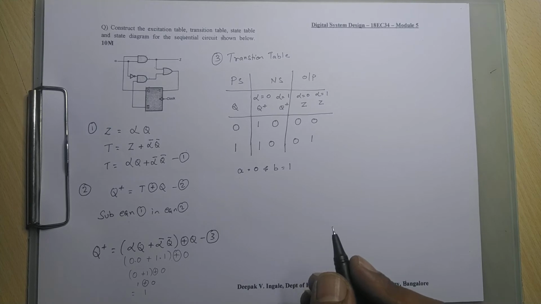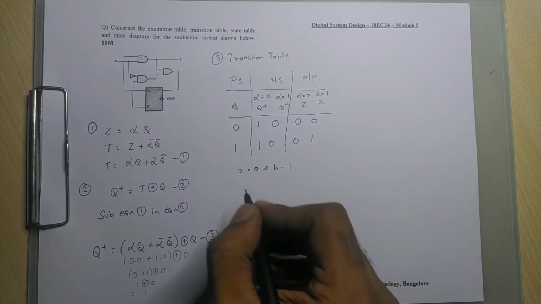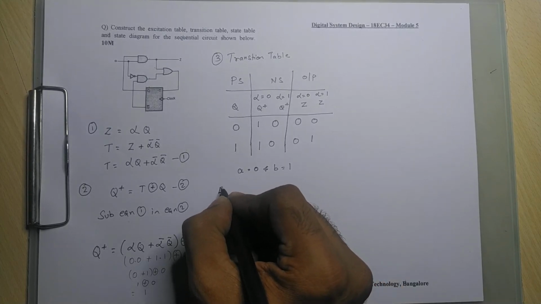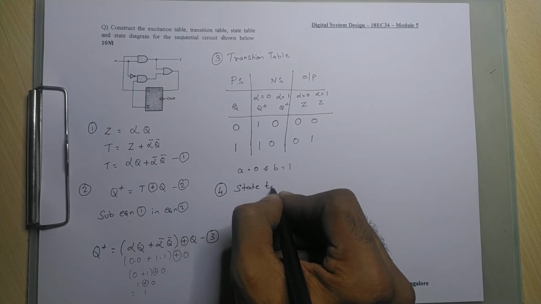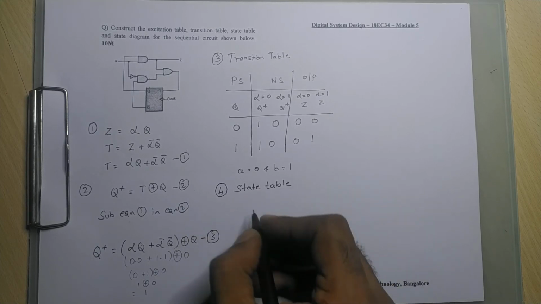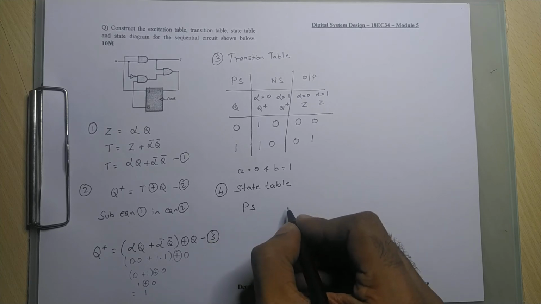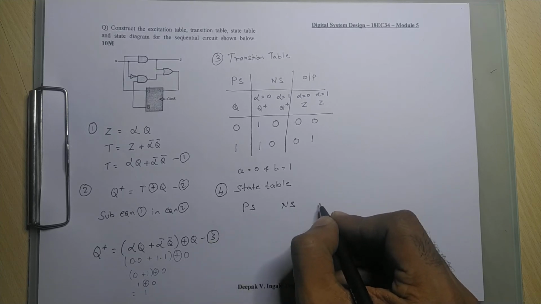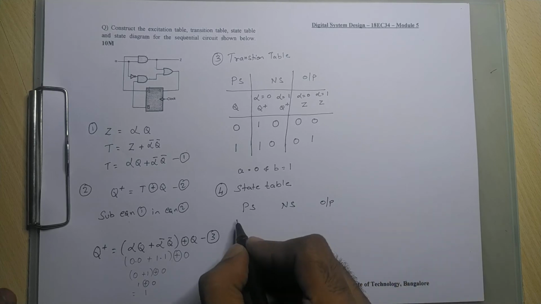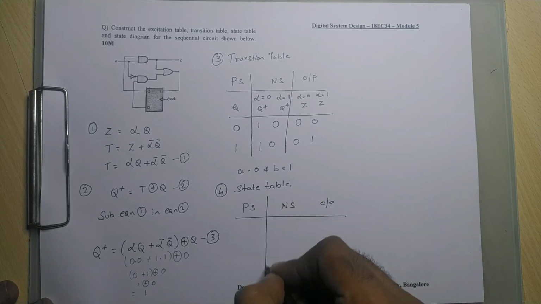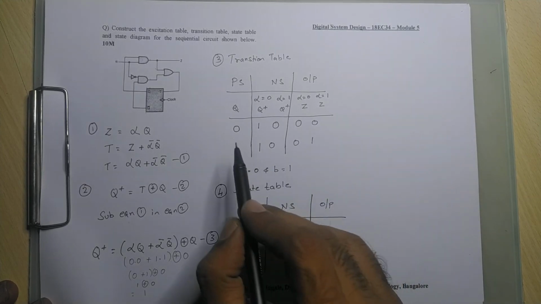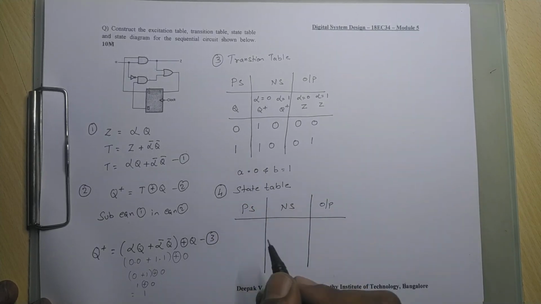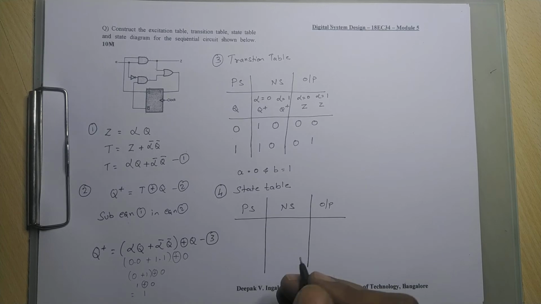From here, how do I write my state table? Fourth one, state table. Similarly, you will have present state, next state, output. This is a transition from this. Here we wrote zeros and ones, here we will represent in alphabets, that is all.